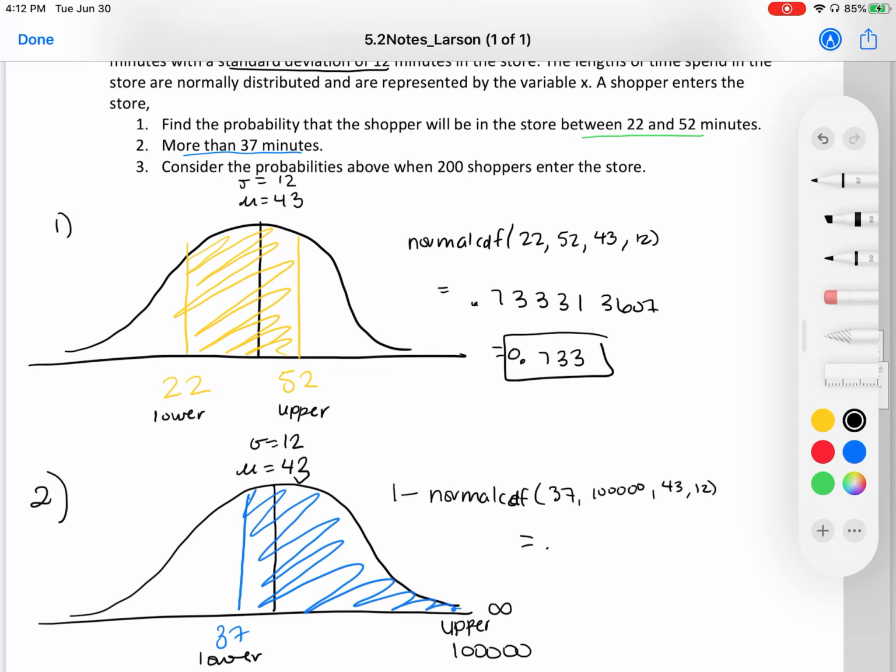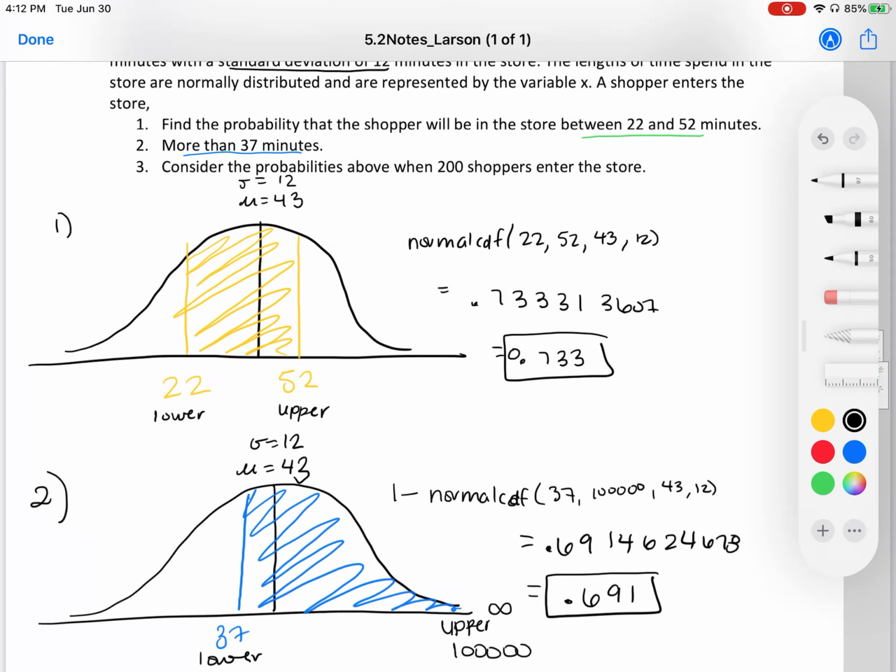And our answer is 0.6914624678. So it's about 0.691.